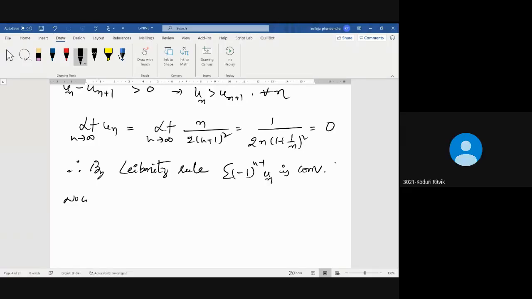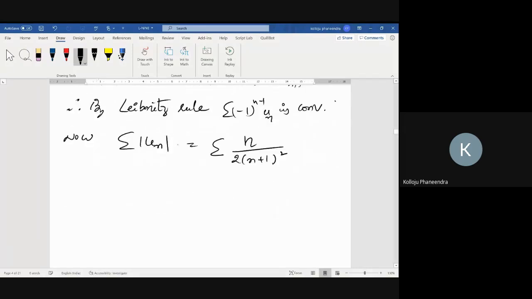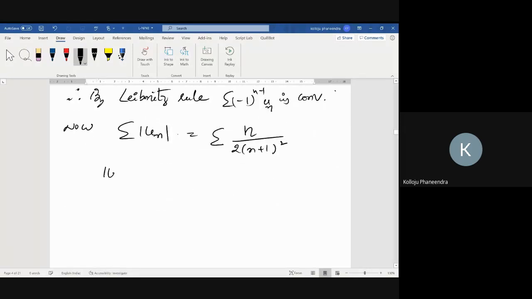Now sigma mod un. Sigma mod un is nothing but sigma, what is the series? Nth term? N by 2 of (n plus 1) square. Okay. Now this is mod un equal to n by 2 into (n plus 1) whole square. Now you apply our limit comparison test for this.